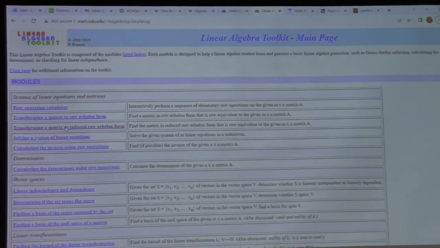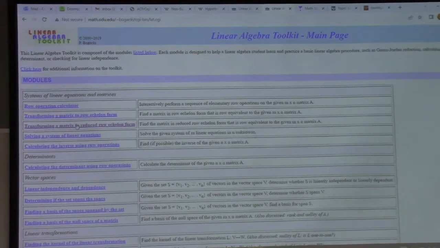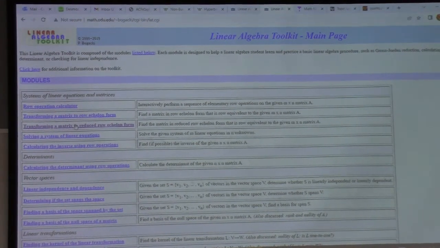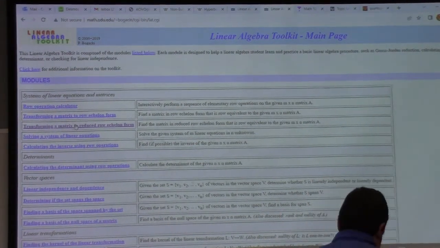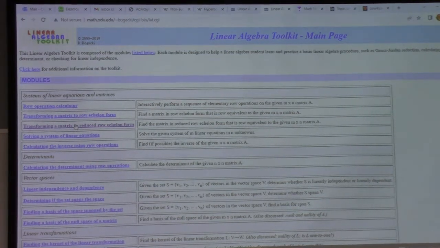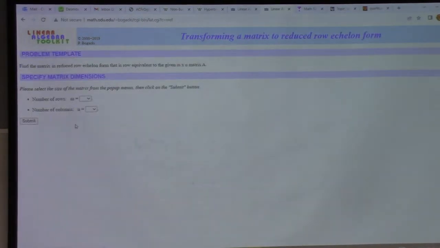I click on that, right? And then that takes me to a place where I decide how many rows, how many columns. So how many rows? We've got 3, right? How many columns? Well, we've got 4. So I click like that.